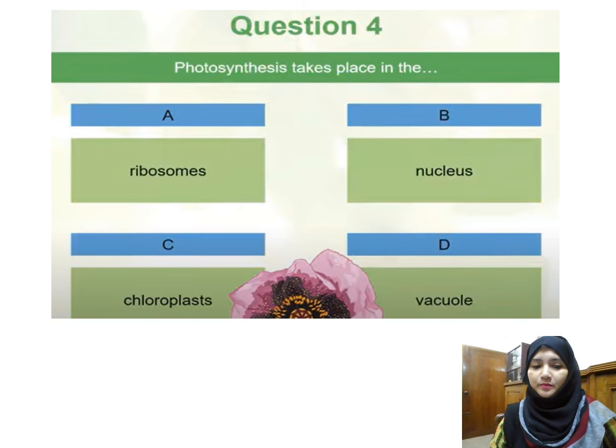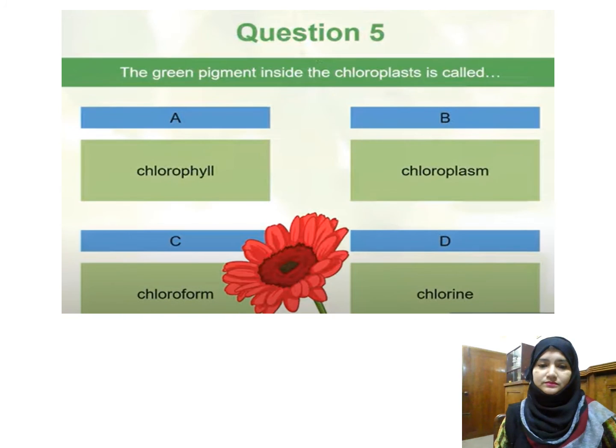The right answer is chloroplast. The next question is the green pigment inside the chloroplast is called: chlorophyll, chloroplasm, chloroform, or chlorine. Chlorine and chloroform are two chemicals. These are not the right answer, but we know chlorophyll is the right answer.